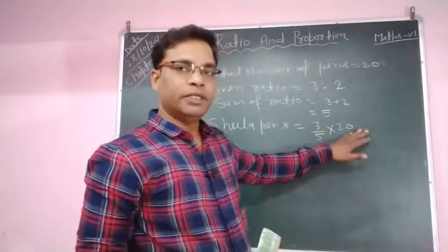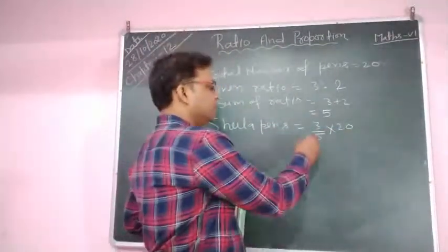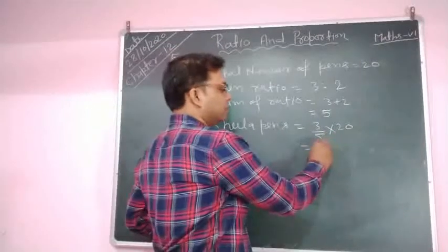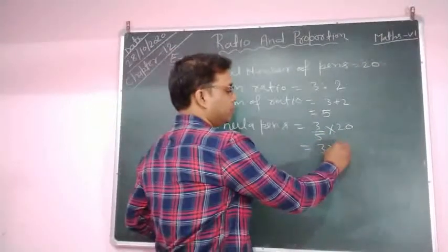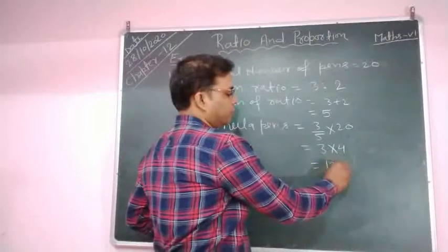You can cancel 5 into 20, then you have 3 into 4, which is equal to 12.